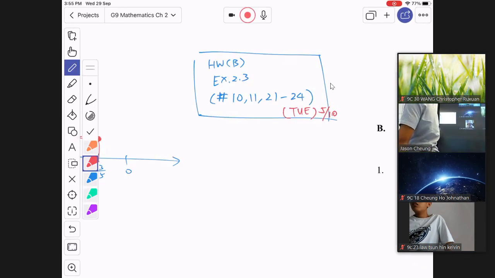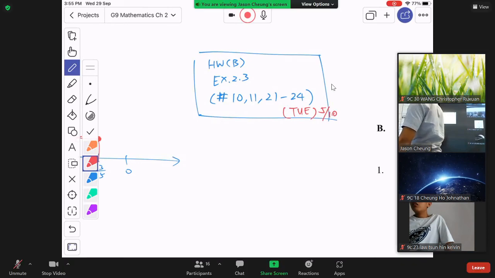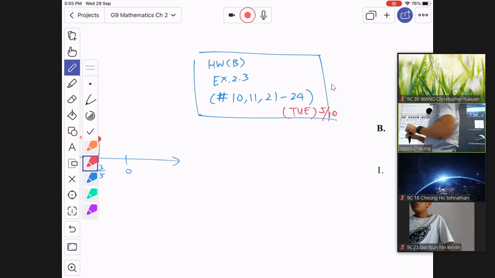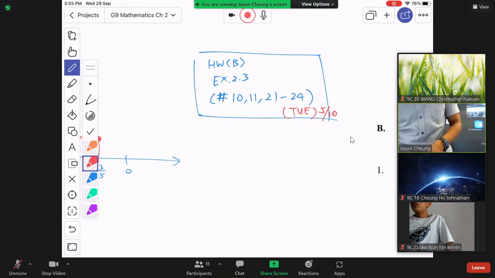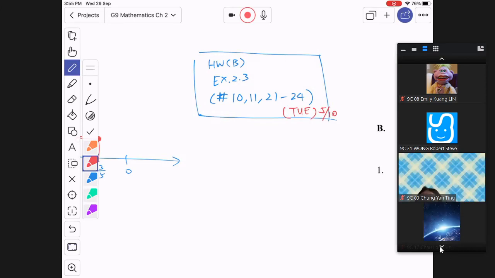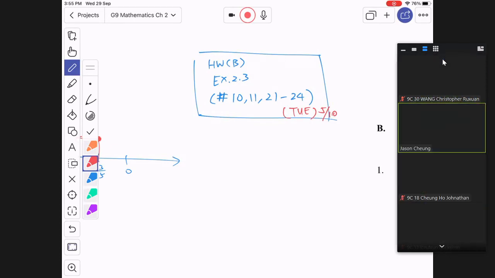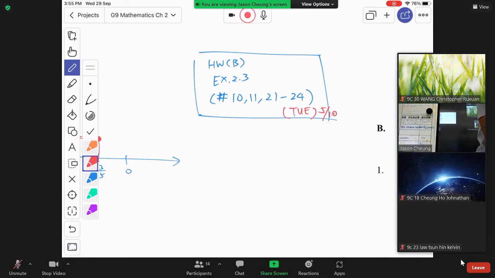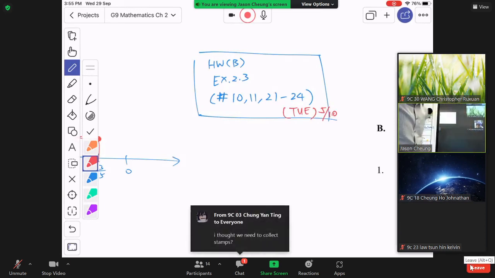Jason. Yes. The English teacher tells us if we join the English club activity, it will give us extra marks in the report card. Oh, good. 係咪真嘅呢樣嘢？我唔係英文科，我唔知喎。I thought we need to collect stamps.